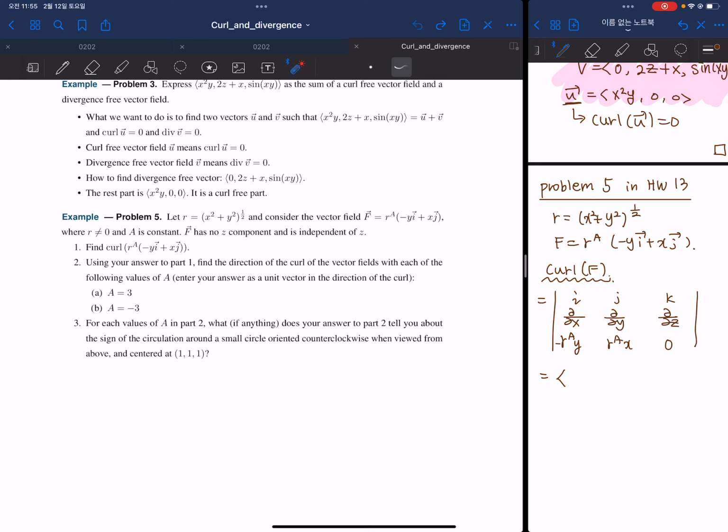The first coordinate is minus d/dz of r to the a x, and the second coordinate is d/dz of minus r to the a y, okay? And then the third coordinate is d/dx of r to the a x, minus d/dy of minus r to the a y.